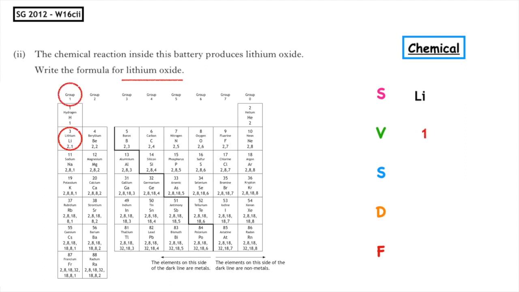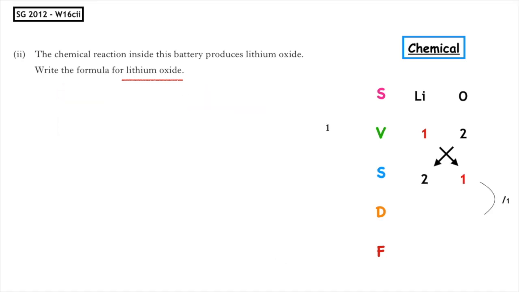Oxygen, symbol O, found in group 6, valency 2. Swap the valencies over. Highest number both can be divided by to keep it a whole number is 1, which means the chemical formula is Li, and we pop a little 2 after the symbol, O.